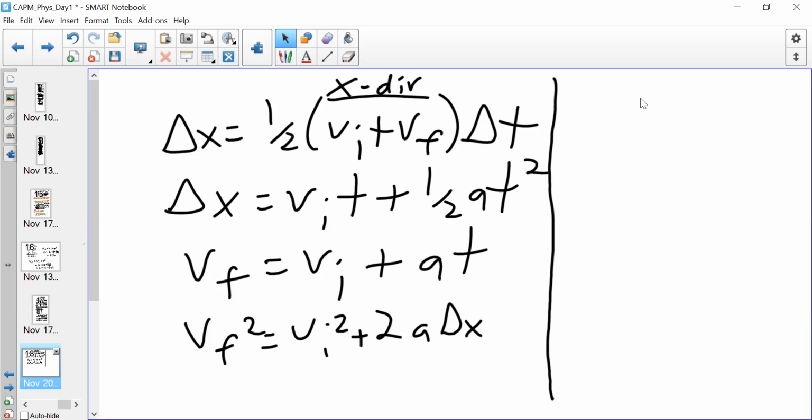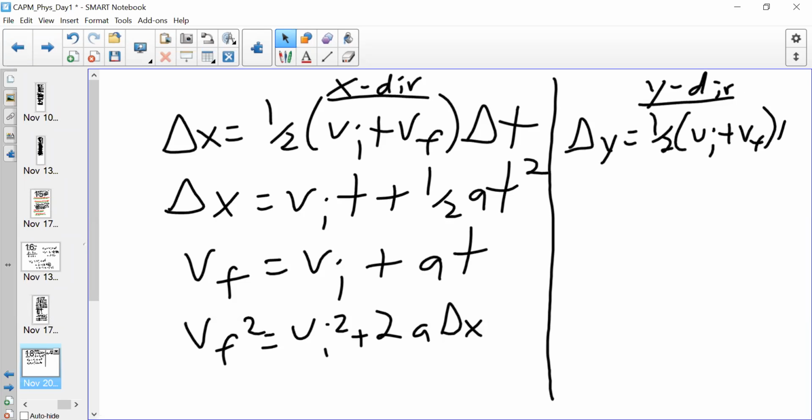that's the X direction, and now the Y direction. Same thing, a couple of changes. We change from X to Y. And that'll be in lesson 3, VIT. And then A becomes minus G, so this becomes negative 1/2 GT squared.